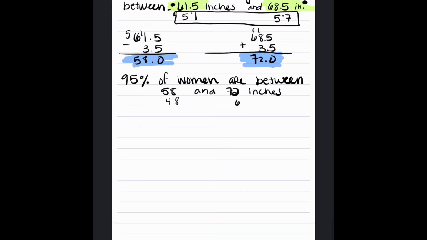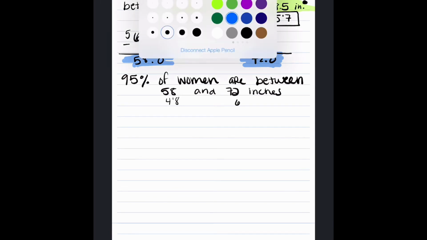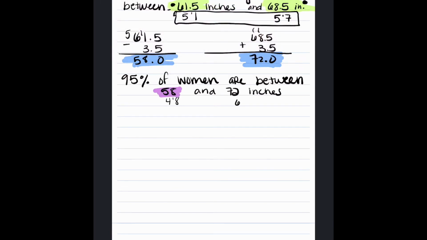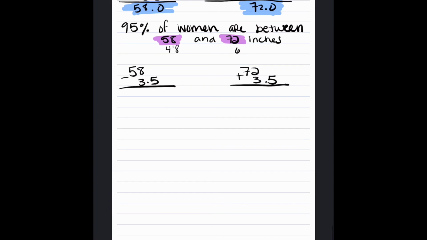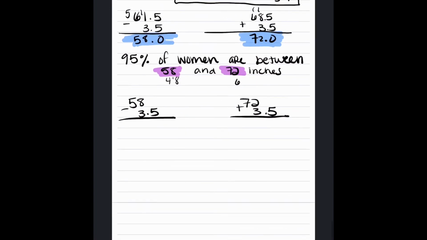So to do one more standard deviation, we're just going to take these values here, 58 and 72, and subtract the standard deviation one more time. So I'm going to do 58 minus 3.5 and 72 plus 3.5. These are going to tell me the numbers that are 3 standard deviations away.